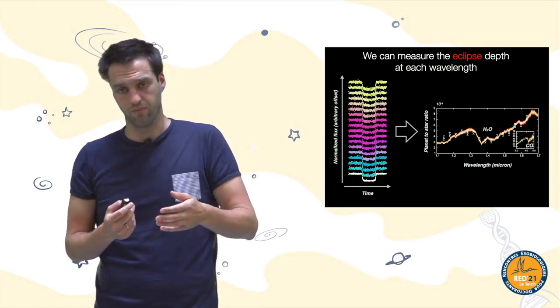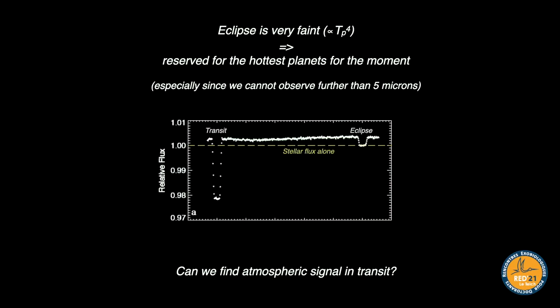The problem is that this technique of eclipses is very difficult, because eclipses are very faint. They rely on the emission from the planet, and the thermal emission of the planet scales as the temperature of the planet to the fourth, especially when you're looking at it with instruments that can go only to 5 microns, because nowadays the only data we had were from HST and Spitzer and go only to 5 microns.